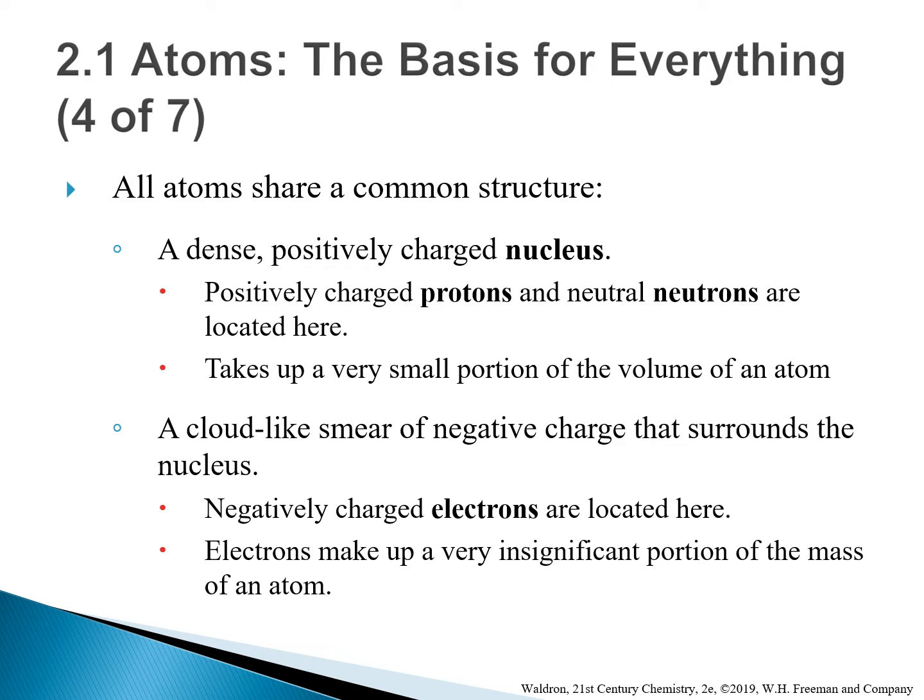Although electrons take up an enormous amount of space, they only contribute a fraction of the mass of an atom. It is a very insignificant portion of the mass of the atom. Later, we will learn about the mass number, which only considers the mass of protons and the neutrons. Just for your information, a proton or a neutron is about 2,000 times more massive than an electron.